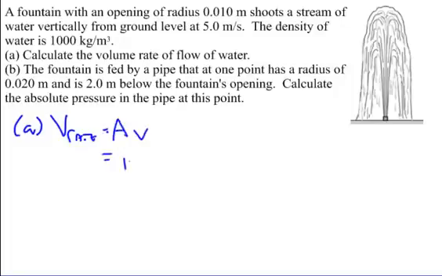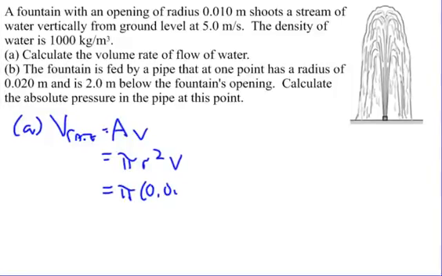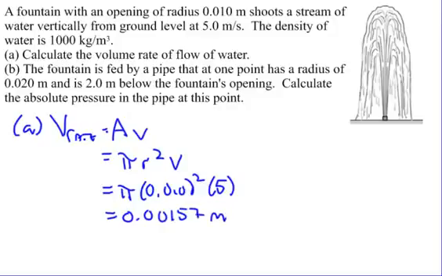My area is pi r squared, a circle, times velocity, so I have pi times my radius 0.010 squared times my velocity of 5 meters per second, and I end up getting for my volume rate of flow 0.00157 meters cubed per second. And so that is the answer to A, my volume rate of flow.